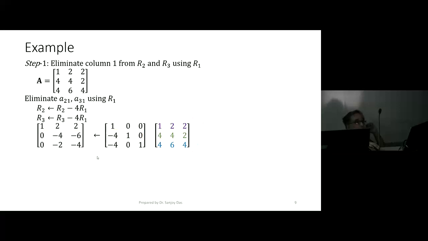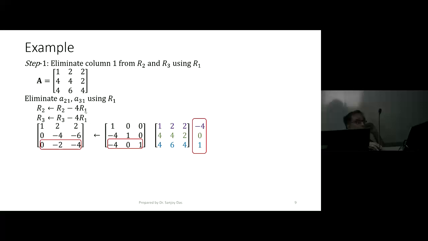Next, what I do is I take row 3 here, and then I see that I'm multiplying row 1 with -4, row 2 I just ignore, multiplication with 0, row 3 with 1 to get this 0, -2, -4.